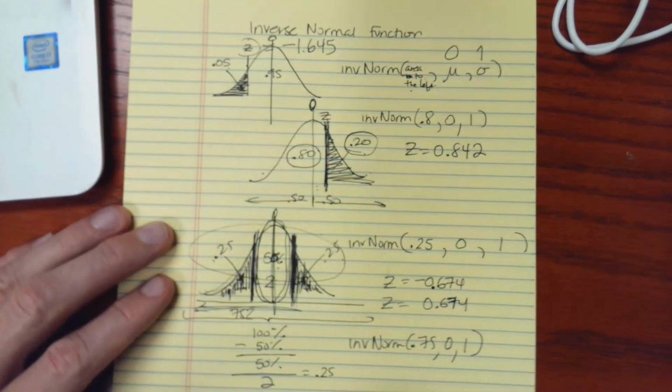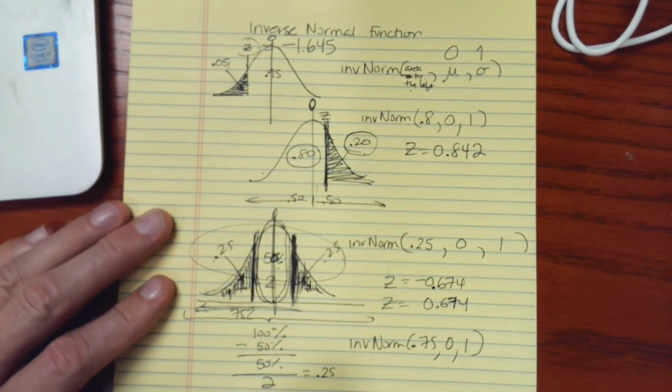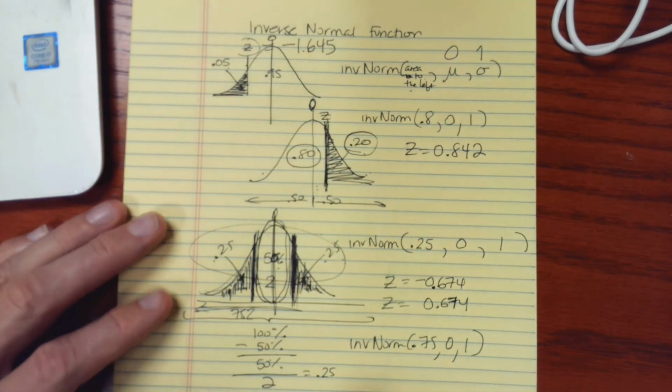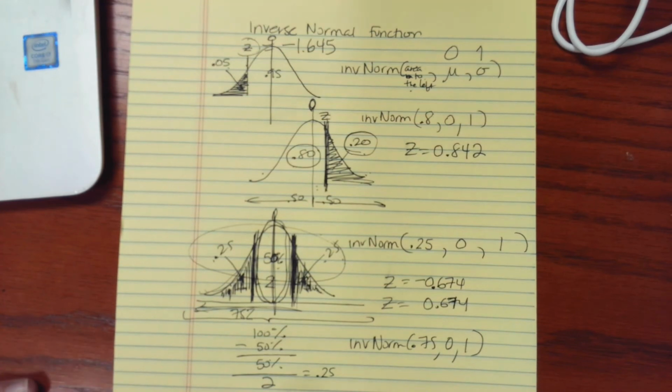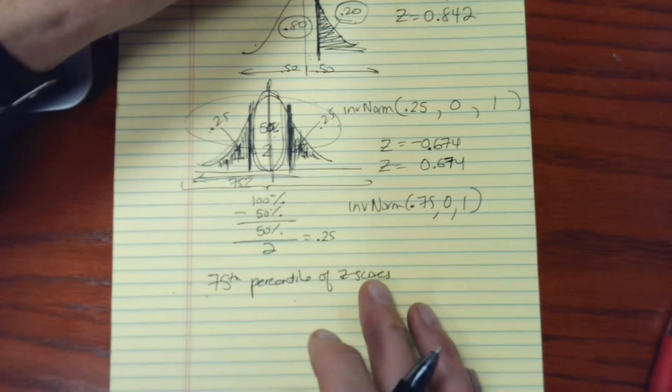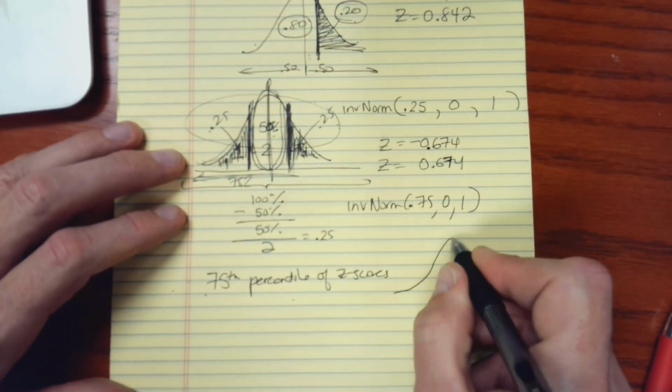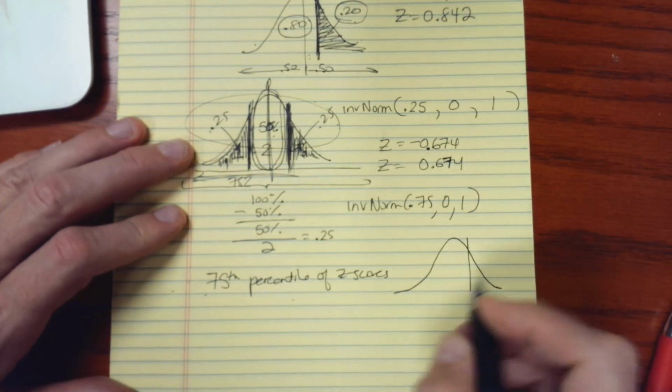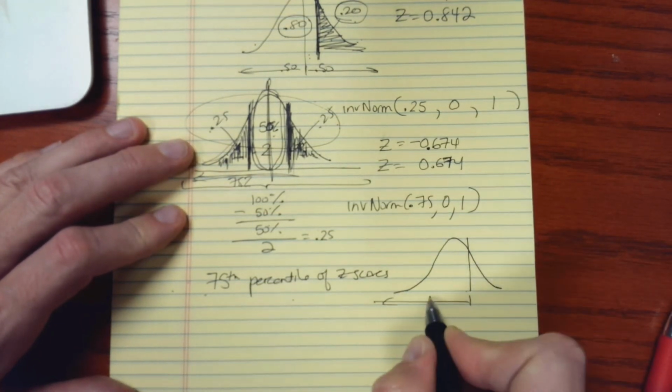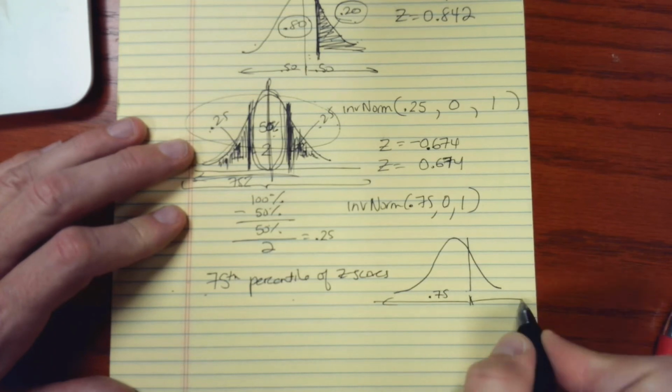Another way to think of this, if you wanted the 75th percentile of z-scores. A percentile separates a bottom percent from a top percent. In other words, it separates the bottom 75 from the top 25. So I'm looking for that cutoff where it's 0.75 to the left and 0.25 to the right.